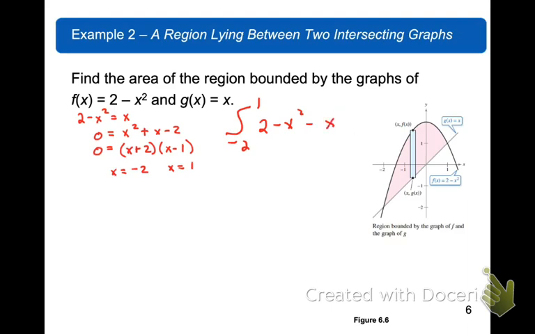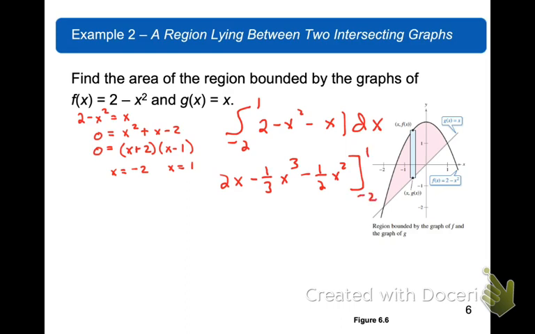So it's minus x, and then don't forget with respect to x, so dx. Now I'm going to take the antiderivative, which gives me 2x minus 1/3 x cubed minus 1/2 x squared from -2 to 1.